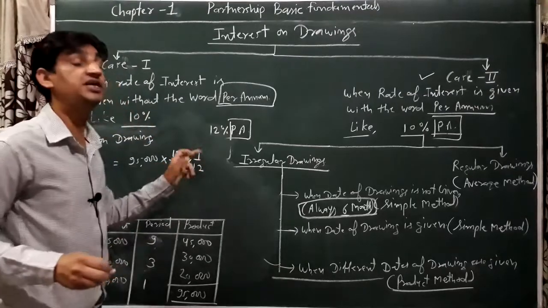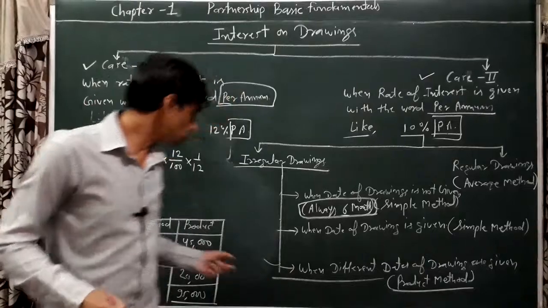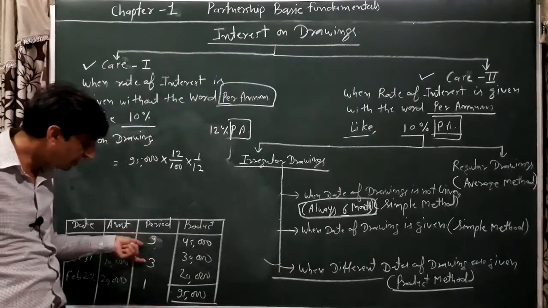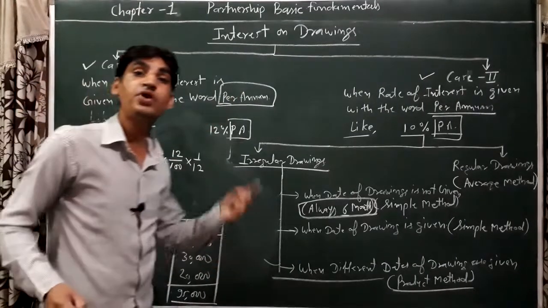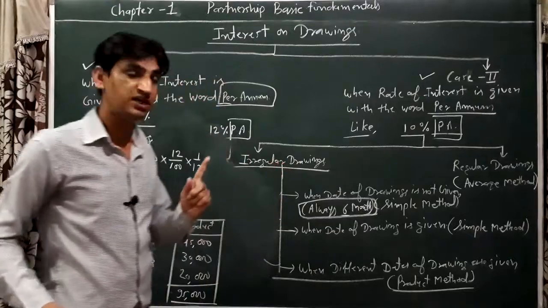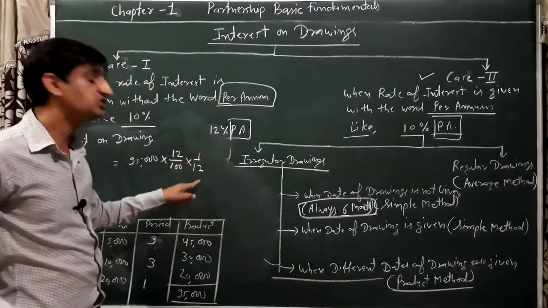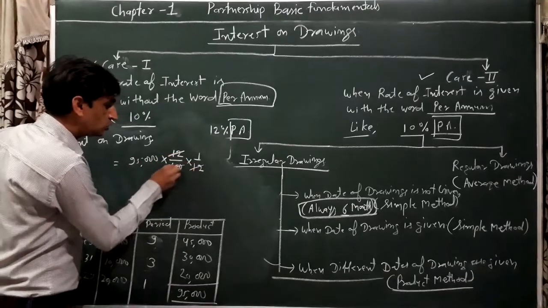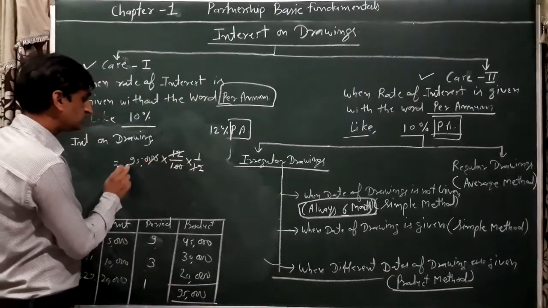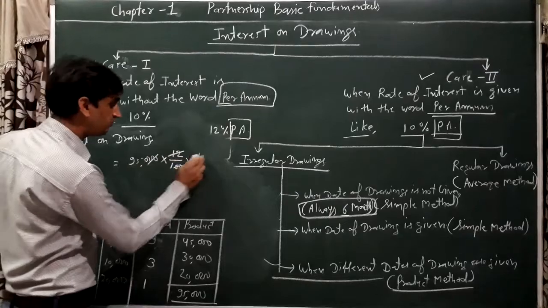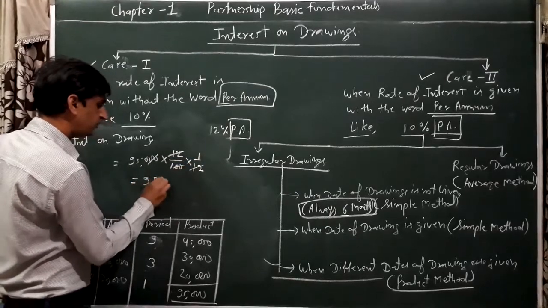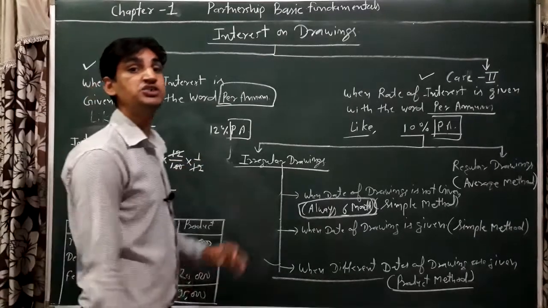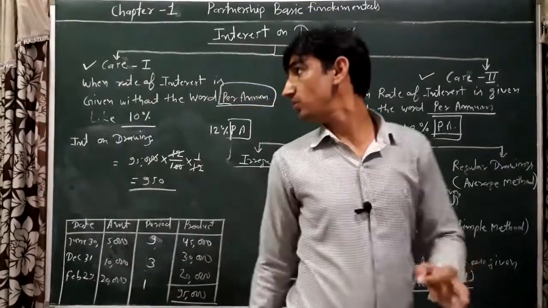Why is 1 month's interest calculated here? Because all the amounts we have already multiplied with number of months. Is it clear? So that's why average 1 month's interest will be calculated here. 12 cuts with 12, 20 cuts with 20. Your answer is 950 multiplied by 1, 950 will be interest on drawing for Mr. A.